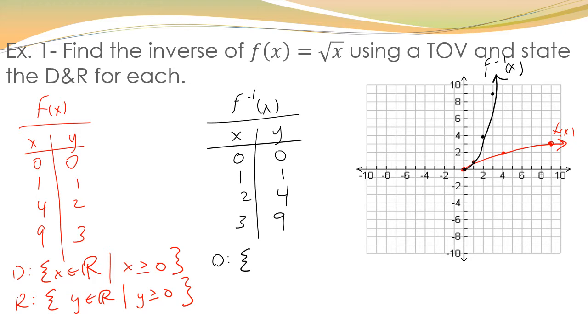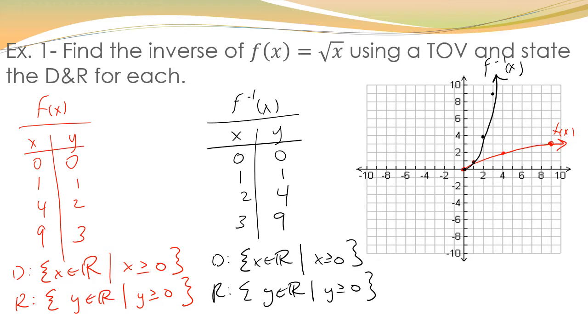Now the domains and ranges also switch, but since our domain and range was the same for f of x, for the inverse it's going to be the exact same. So x greater than or equal to 0, and our range, y is all real numbers such that y is greater than or equal to 0 as well.